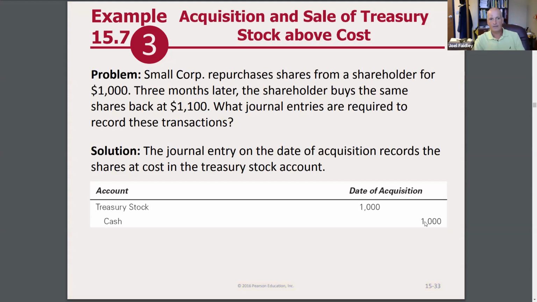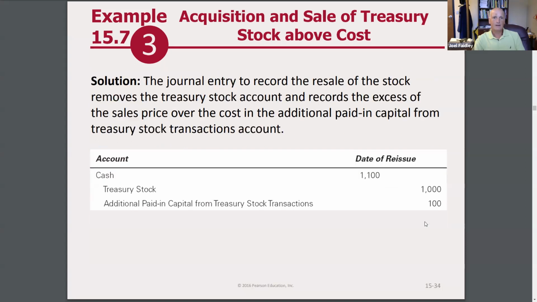So here's a good example. They buy back $1,000. Three months later, the shareholder buys the same shares back at $1,100. What are the entries? All right, so I invest $1,000 in my stock, and then when I sell it, I'm going to make $100 total.